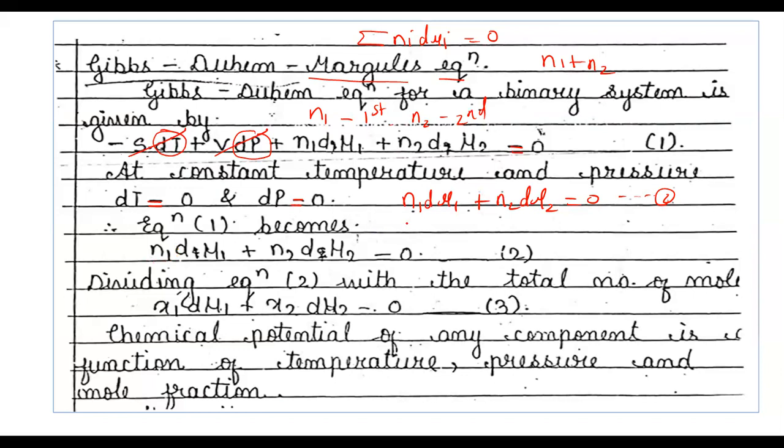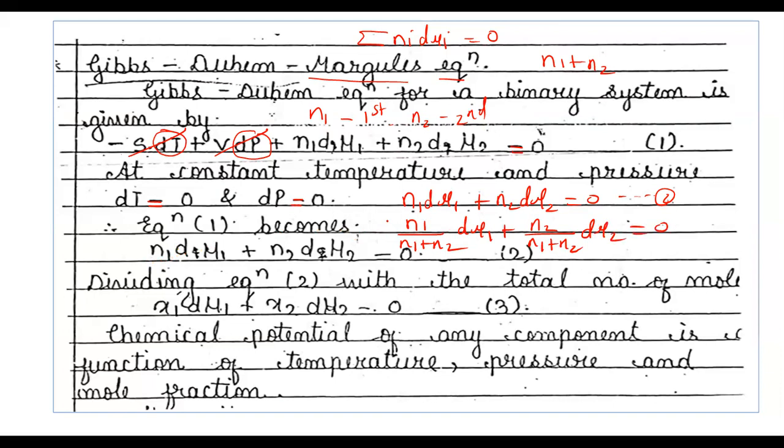So dividing equation 2 by N1 plus N2, we can write: N1 upon N1 plus N2 into d mu1, similarly N2 upon N1 plus N2 into d mu2, equal to 0.